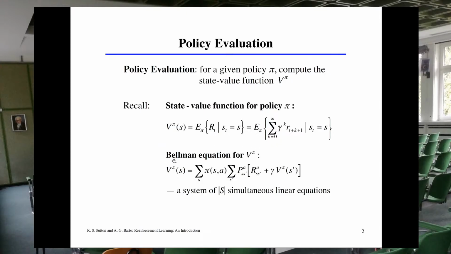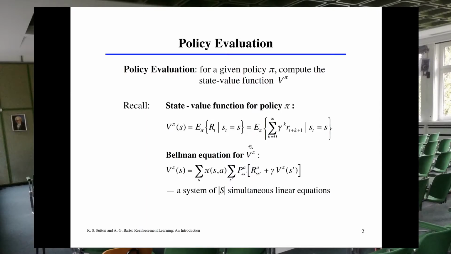We also defined previously the Bellman equation for a value function and the policy pi, and the value for each of the states can be calculated with the calculation of the following probabilities.